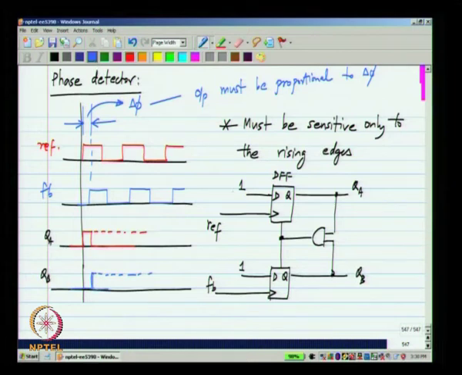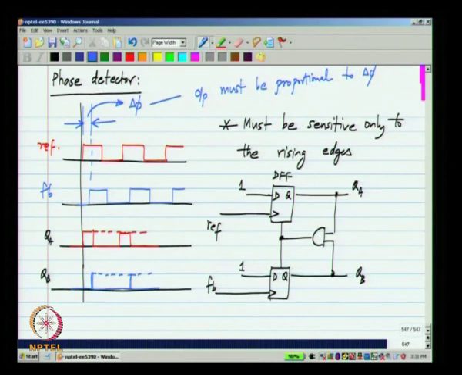And in the next period it will rise up again, and QB will also tend to rise at the rising edge of FB, and both of them will be reset. So, this is what the output will look like.